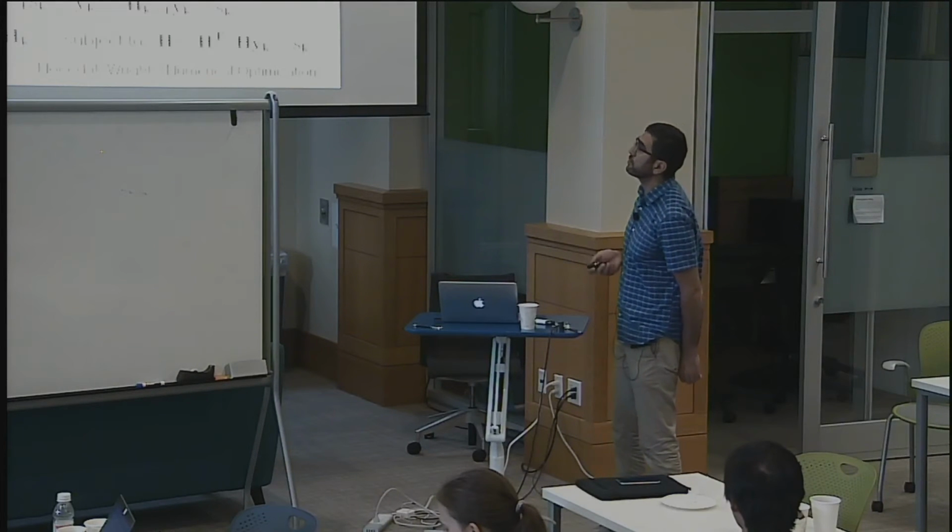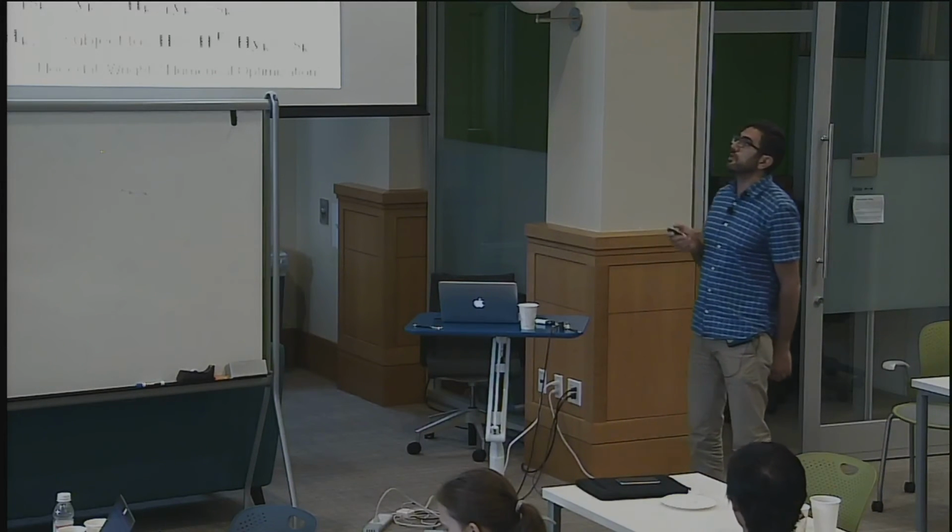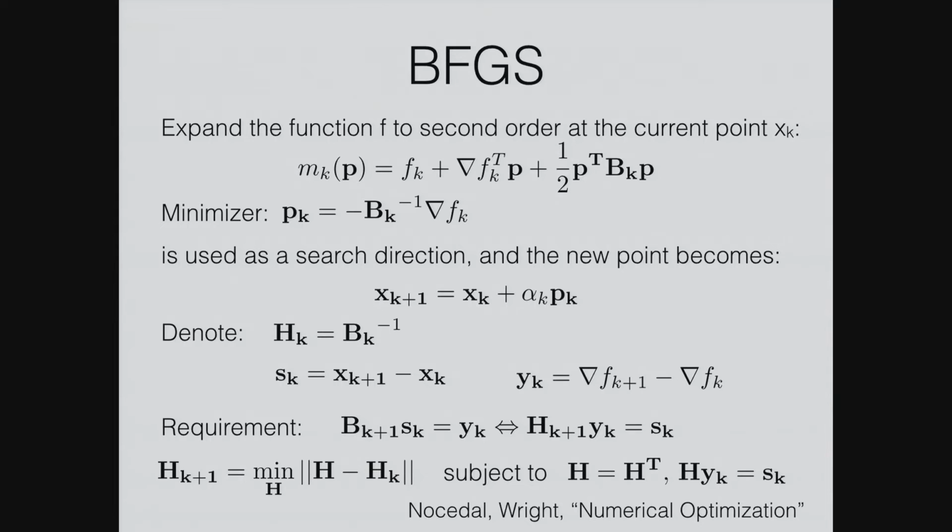How does the algorithm work? First of all, we expand your function f to second order, and we forget about the rest. At each iteration, I'm trying to minimize this second order approximation of the full nonlinear function f. If I had the gradient and the Hessian, which is denoted by b, I could find the minimum exactly by applying the inverse Hessian to the gradient.